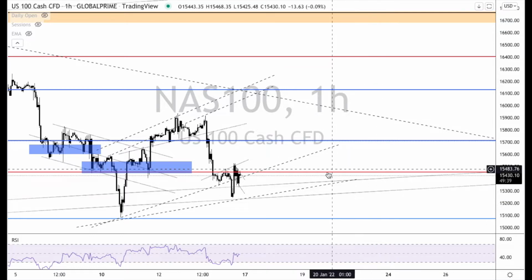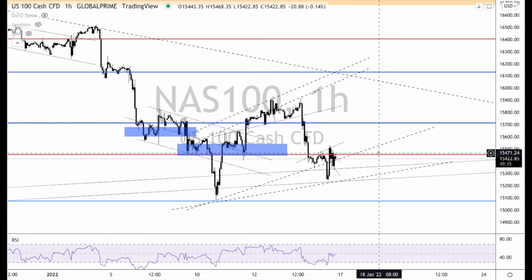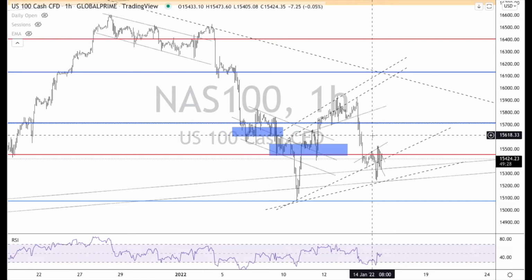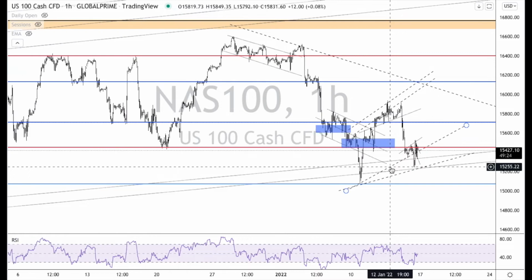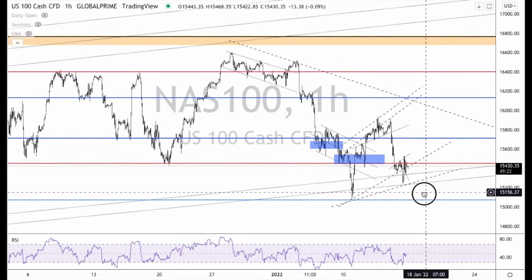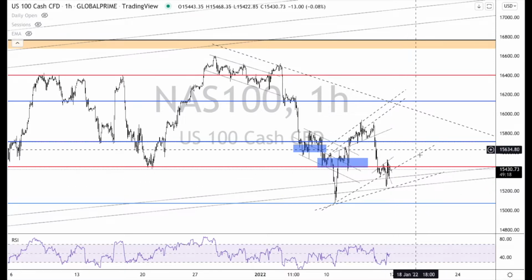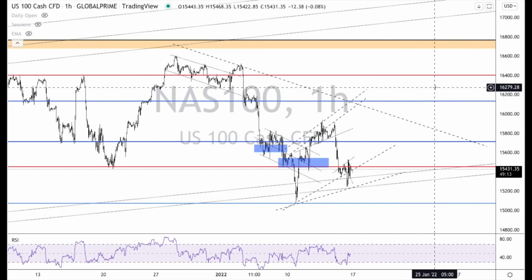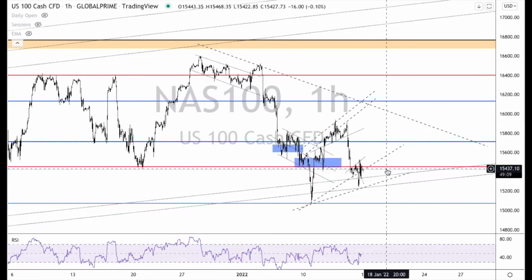There's not really a lot I can tell you about NAS right now, for the fact that it is at a fib level, it is at a low point, and there is only one place it can go right now, and that is up. That's the only way it can go right now. So it might zigzag and do all that silly little stuff that it does, but ultimately it's going to head up. So that is the little bit of a heads up that I can give you on that.